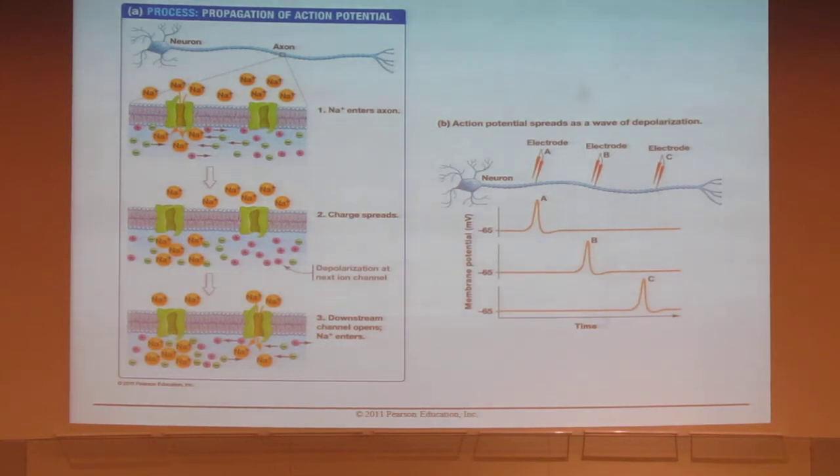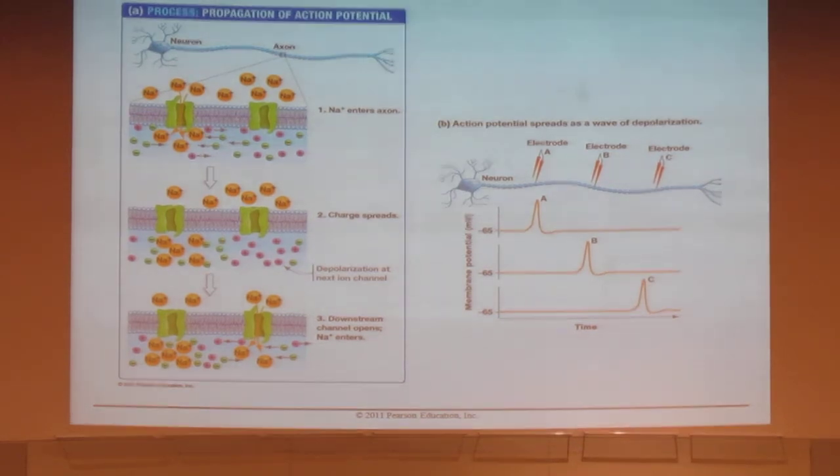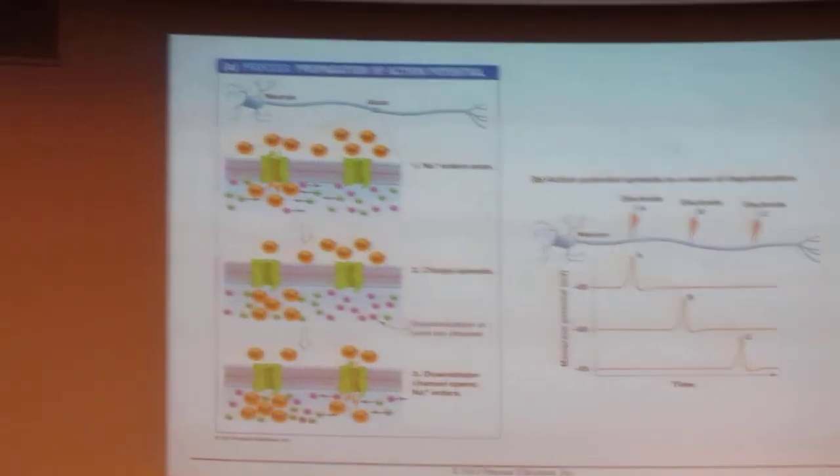So that said, what are the important players with respect to actually generating this: the depolarization, the repolarization, the hyperpolarization, the undershoot, the overshoot? Some of the key players: the biggest player in all of this is sodium. If you don't move sodium, nothing happens.